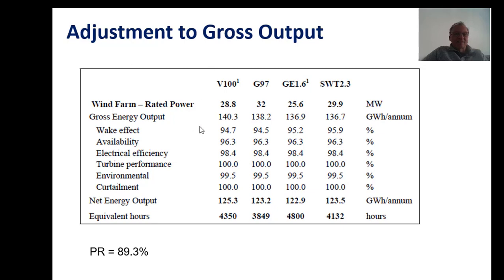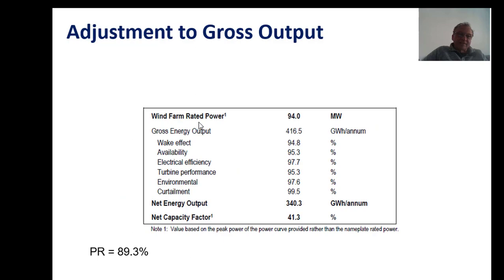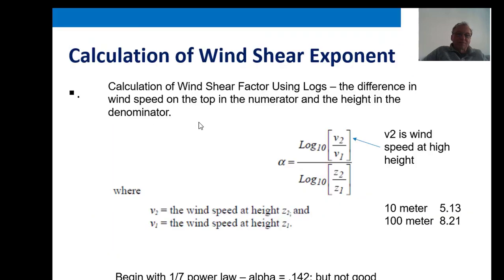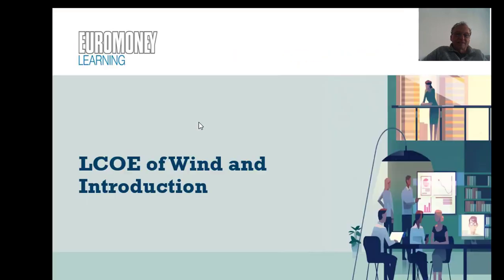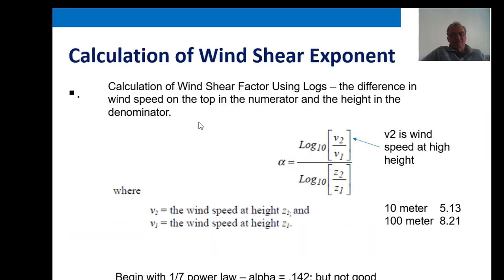And finally, when you look at the wind generation, they might have the gross energy output. Where did I put, just a minute? Oh, I didn't put the pictures of the power curves here.